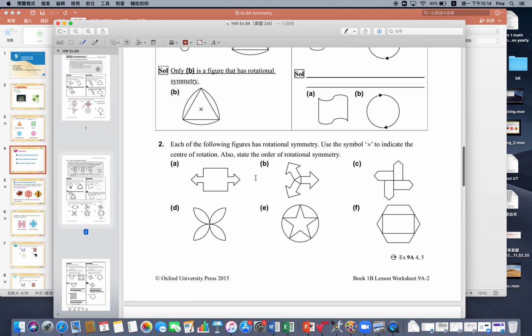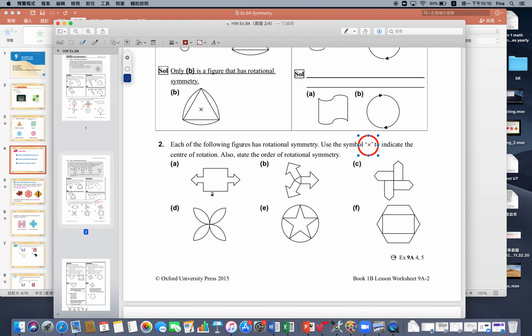And then for question 2, you can see that each of the following figures has rotational symmetry. Then you have 2 jobs as well. First of all, use the cross to mark the center of rotation. Also, the second job is to state the order of rotational symmetry.